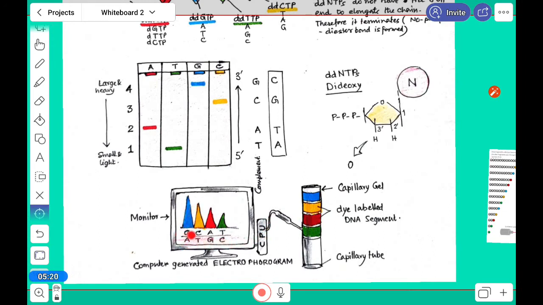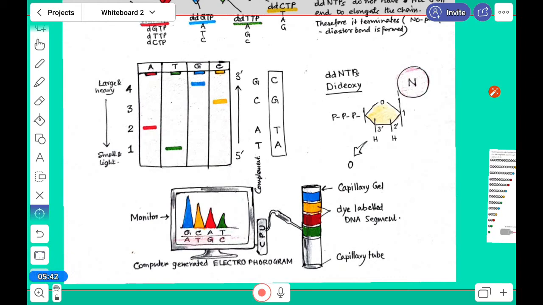So the computer can detect GCAT. You have to remember that this is the complementary strand that will be detected first, and from that the computer can detect the original sequence.